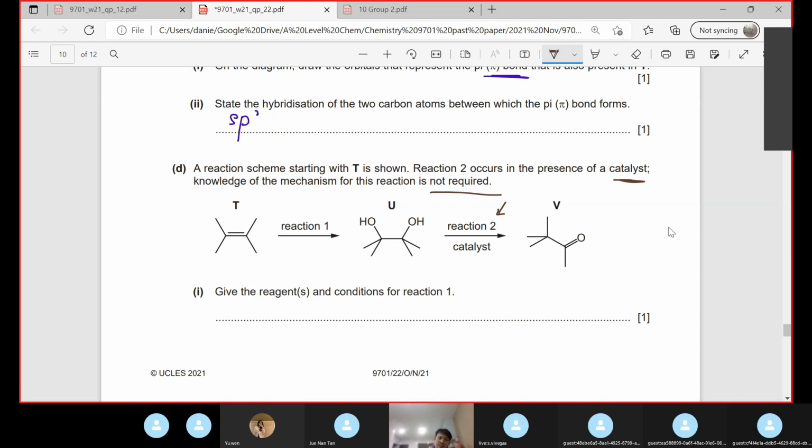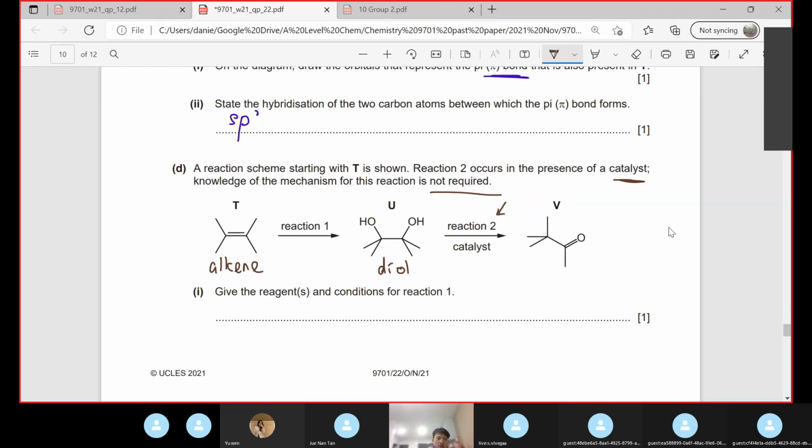Then give the reagent and condition for reaction 1. From alkene become diol. 2 alcohol, 2 OH groups, we call it diol. So alkene becomes diol. And how is the OH added? Just add to the next carbon, right? The OH is added across C double bond C.